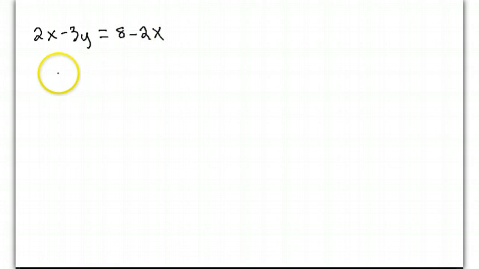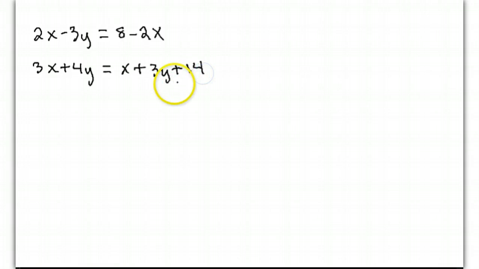So here's another equation. Let's say that we have 2x minus 3y equal 8 minus 2x, and then the second equation, we have 3x plus 4y equal x plus 3y plus 14. Now this looks weird because we have a lot of things on both sides, but what you can do is put all your x's and y's on one side and all your numbers on the other.